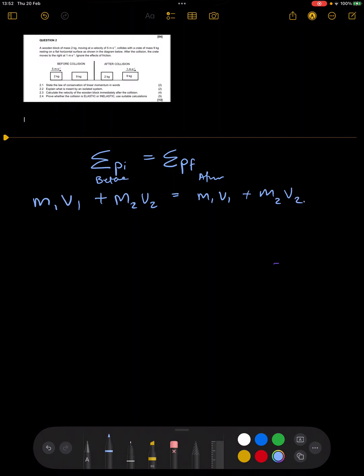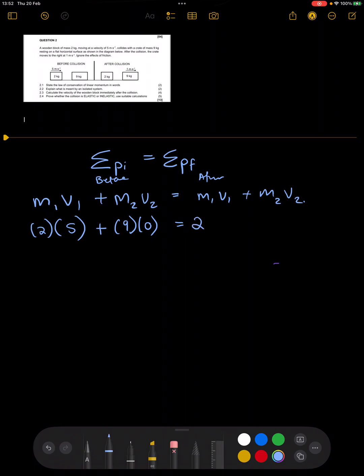So if I fill in everything that I have, the first block's mass is 2 kilograms. I also have his velocity, which is 5. Then the second block I know weighs 9 kilograms, but they tell me that it is resting. So I know the initial velocity for the 9 kilogram block is 0. Then after collision, the final velocity of the 2 kilogram block is unknown.